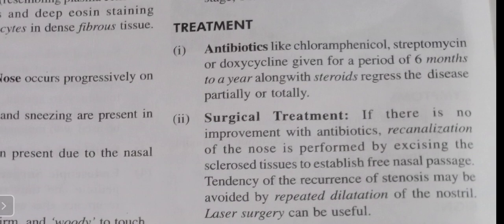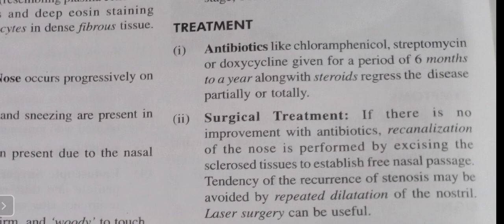These antibiotics may be given for a period of 6 months to 1 year, along with steroids that will regress the disease partially or totally. Okay, so you have to start the antibiotic, that is chloramphenicol or streptomycin or doxycycline, for a period of 6 months to 1 year, along with steroids. Okay.